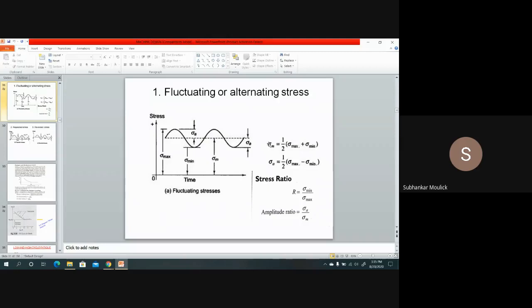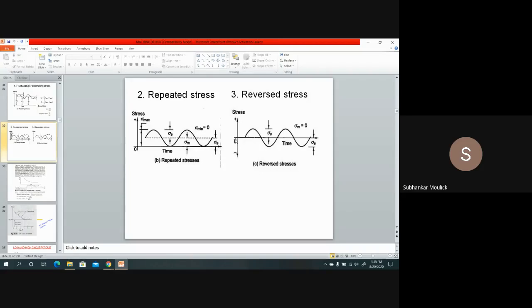If sigma m is 0, sigma max plus sigma min will be equal to 0. That means sigma max is equal to minus sigma min. In the diagram, sigma max is equal in magnitude to sigma min but in the opposite direction. This is the meaning of reversed loading condition.